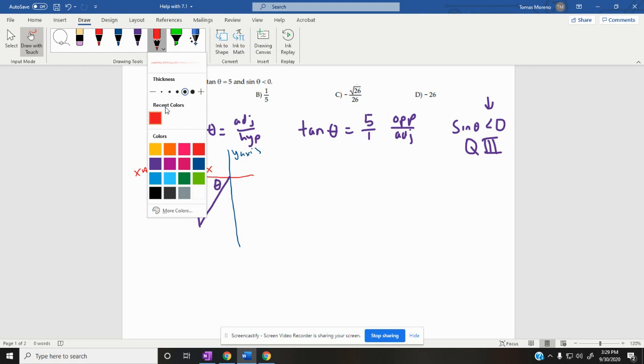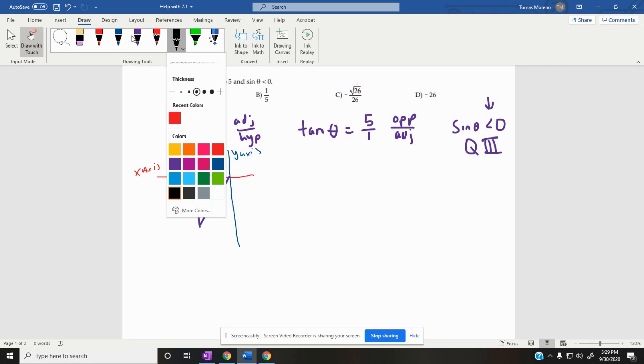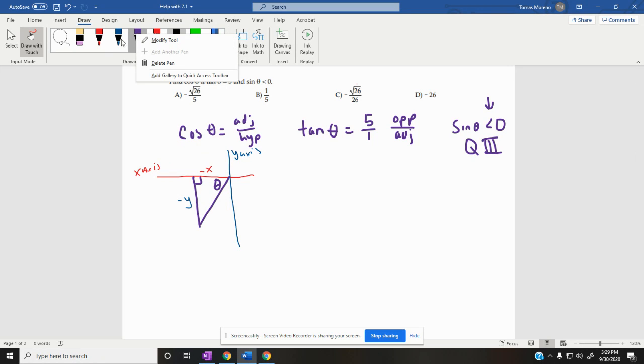Let's see if I can modify this to something else. No, I can't. No, no. I want another pin. Okay, well, anyways, we can't do that. So I'm just going to write this in R. Oh my goodness, that's horrible. That's good. I'm going to stop color coding.